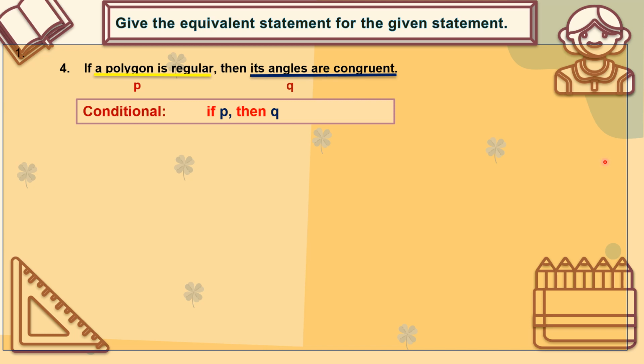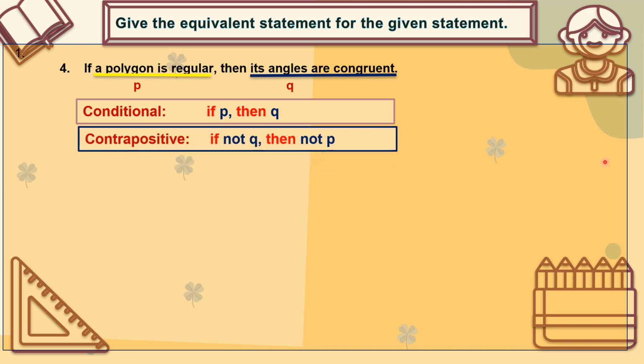Next, what is the equivalent statement of conditional statement? So, ang kanyang equivalent statement ay contrapositive. Yung if not Q, then not P. Inenegate lang natin si conclusion at saka si hypothesis.